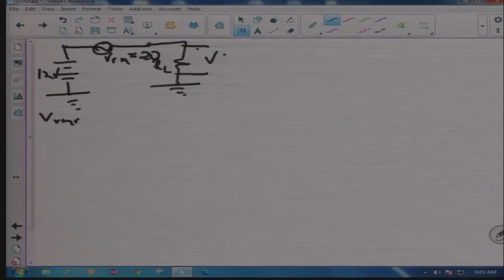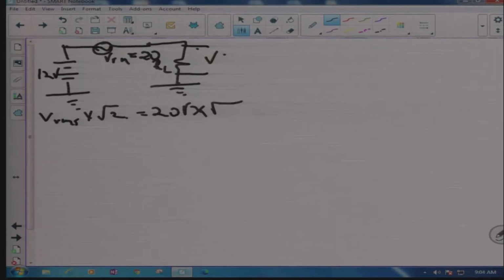VRMS will be multiplied by square root of 2, which is equals to 20 volts multiplied by square root of 2, which is equals to 28 comma something. I don't have a calculator with me, please complete it. Now, that is the voltage, your V peak.